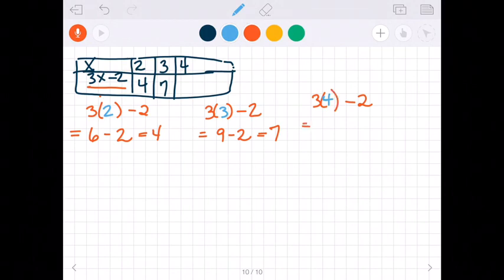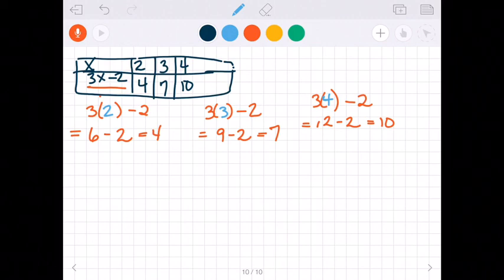All right, which equals 12 minus 2, which equals 10. So when x is 4, our function is 10. Whoops, change colors, 10. Now how would that look on a graph?